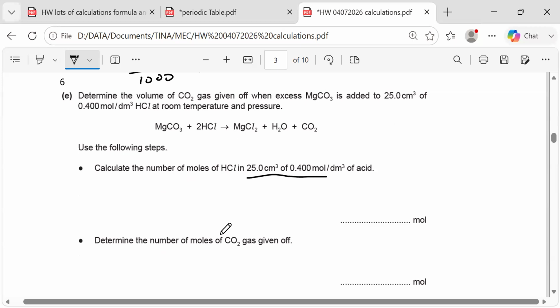Ready? Ratio, correct. Second formula. Go and figure out what's the second formula.